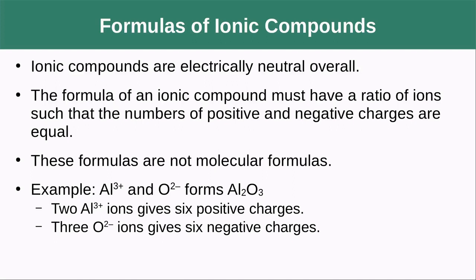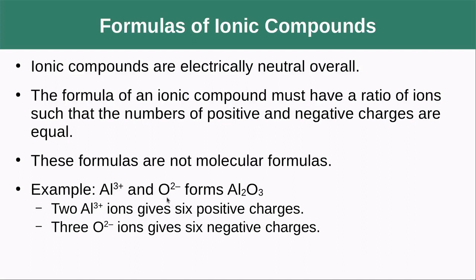Ionic compounds do not have a charge themselves. Overall, they are neutral. And what we do is we use this to determine what the ratios between them should be. So if we look at our example down here, we have aluminum with a +3, and we have oxygen with a -2. If one oxygen came over here and bound to this aluminum, it would still have a +1 charge, and it wouldn't be a neutral species, okay?